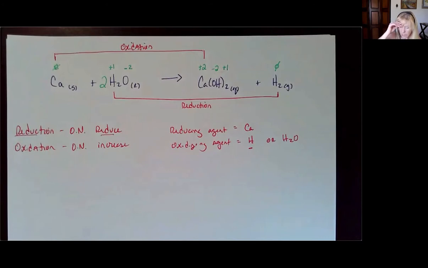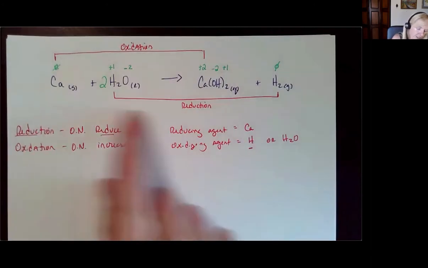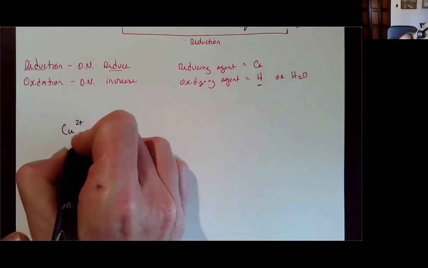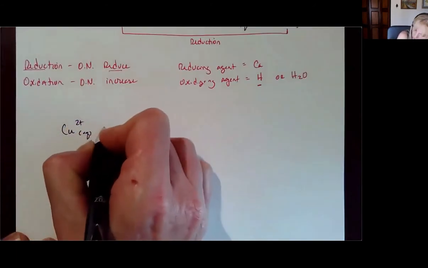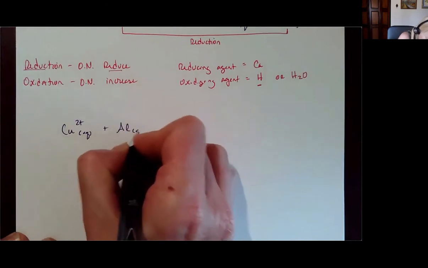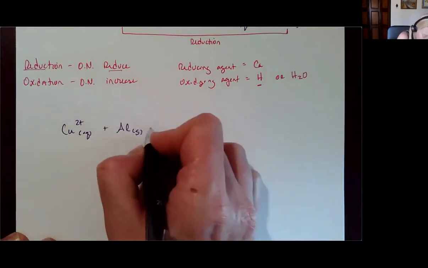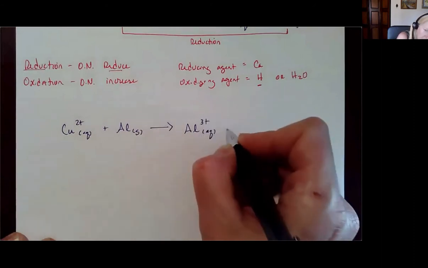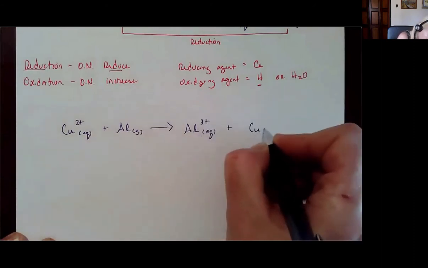And in this chapter, a lot of what you're going to see is spectator ions are probably going to be removed from the reaction. So you might see everything be neutral here, or you might see a reaction with copper ion in solution, and I have solid aluminum metal that I drop into that solution, a transfer of electrons where I form aluminum ion and solid copper.